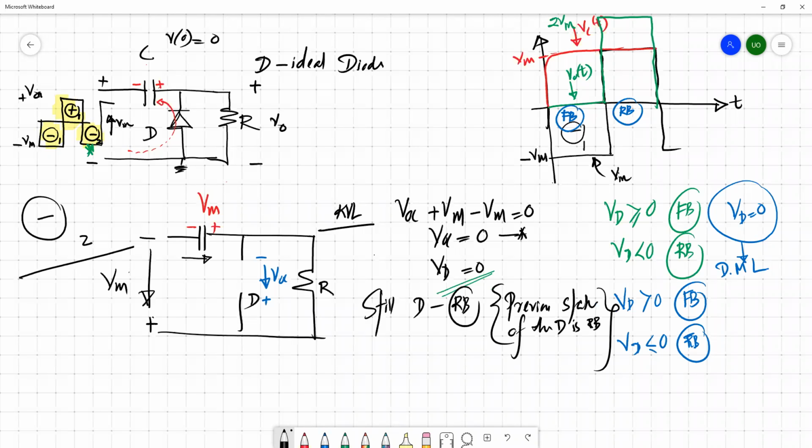Whether this diode voltage is 0, it should still be in the reverse bias region because the previous state was also reverse bias. So then in this second negative cycle, this diode remains in the reverse bias region. So then the current flows again through the resistive load.